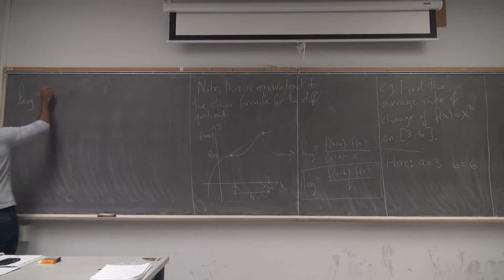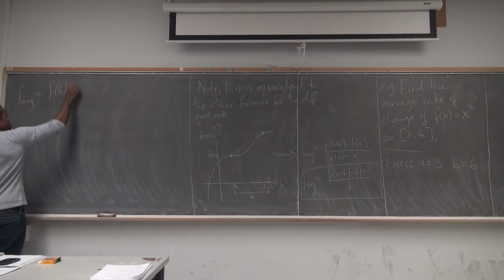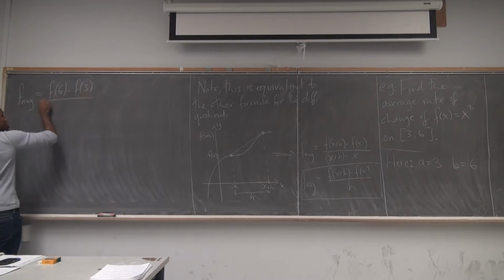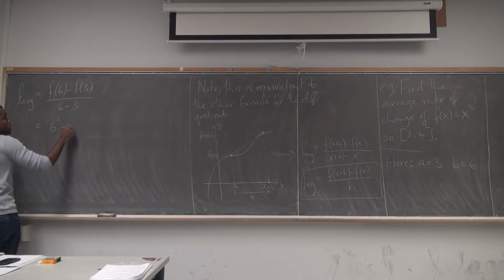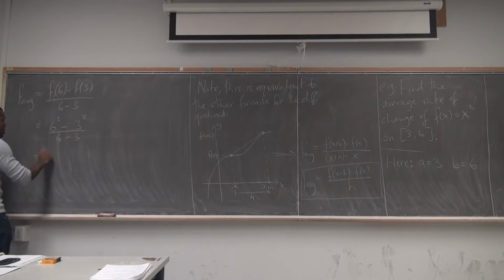The formula would be f of 6 minus f of 3 over 6 minus 3. And f of 6 is 36. I just plugged 6 into that function I was given. So this is 6 squared minus 3 squared over 6 minus 3. So this is 36 minus 9 over 6 minus 3.